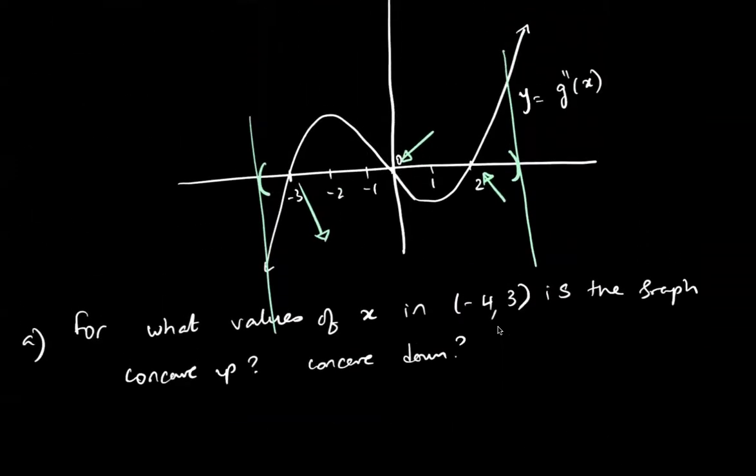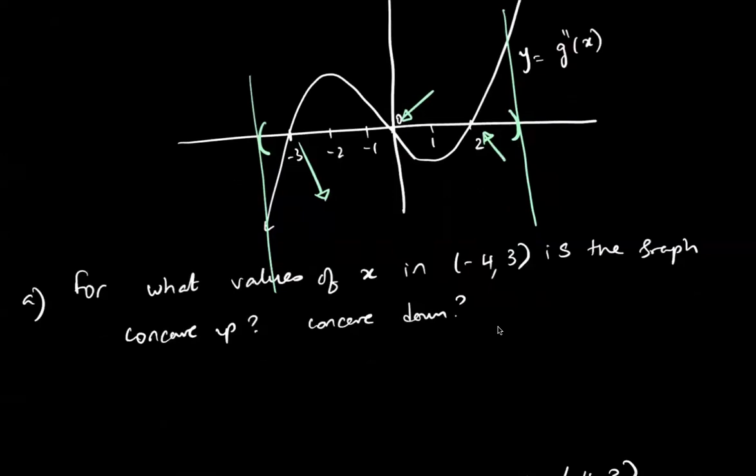Okay. Now, in this interval from negative 3 to 0, you see that g double prime is greater than 0, as well as from 2 to 3, right?